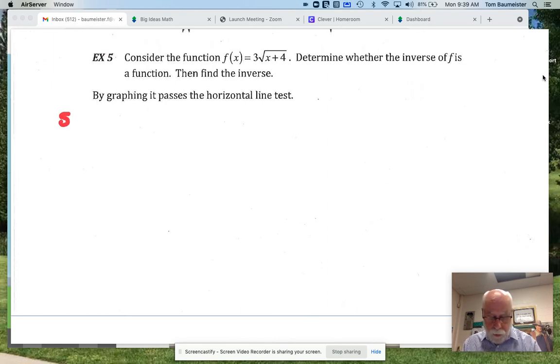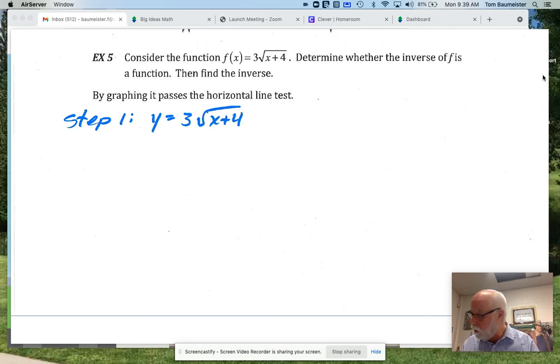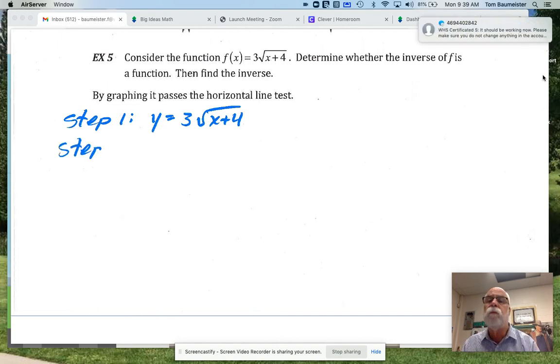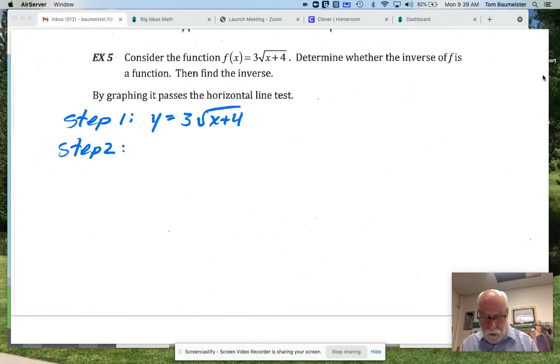So step one, we're going to change y with f of x. I think your textbook starts with y, actually, to be honest, but there's ones who tell you to do this. Step two, change the x and the y.